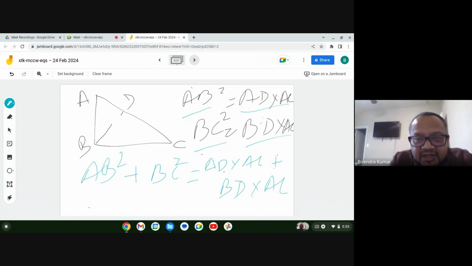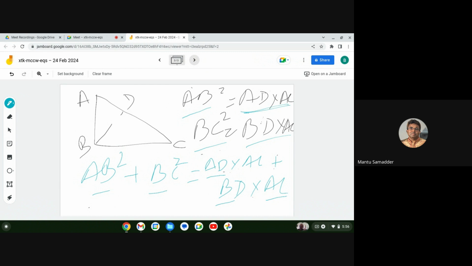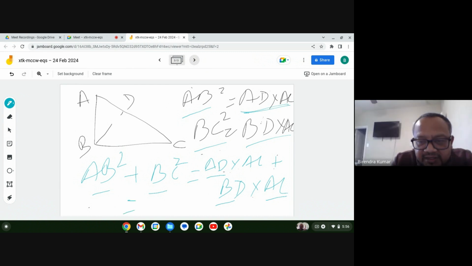Now let's see what is common here. AC is common, so I'll take AC common. Then what am I left with? AD plus BD.